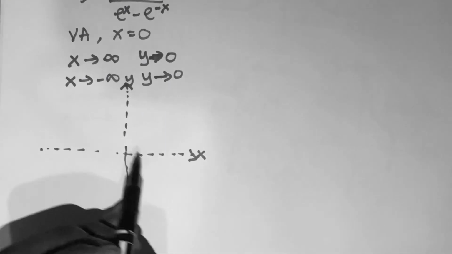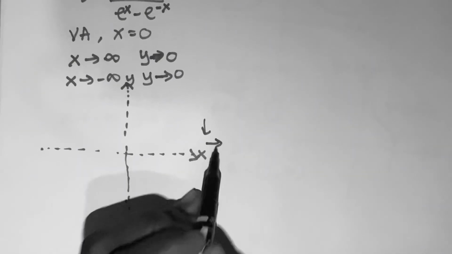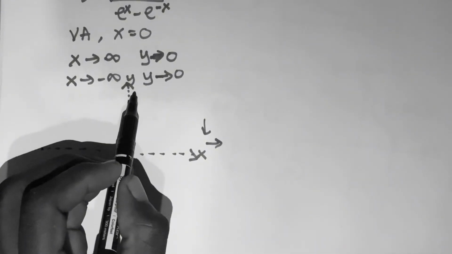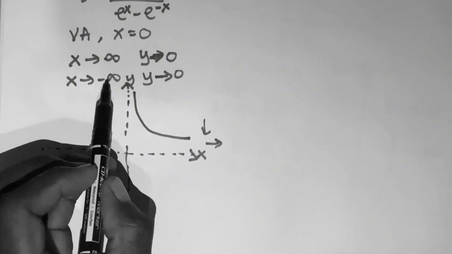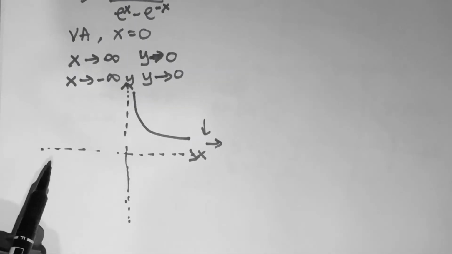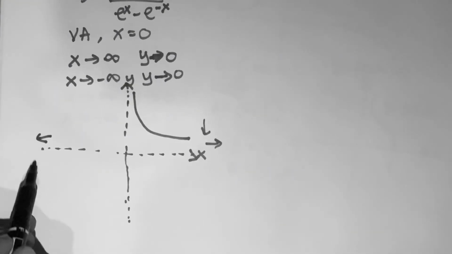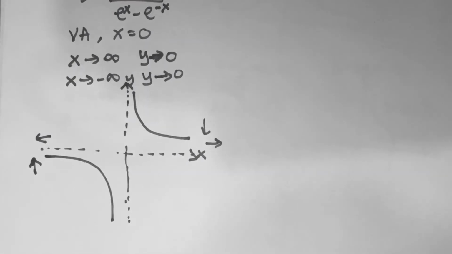So y will approach 0 as x approaches infinity, and it's going to look like this. And then as x approaches minus infinity, y approaches 0, and this one too is going to look like this.